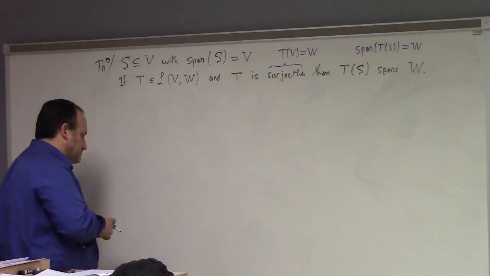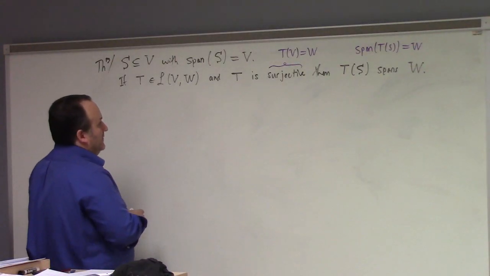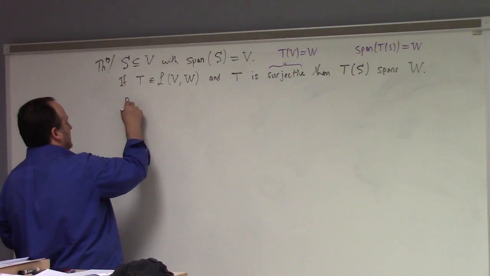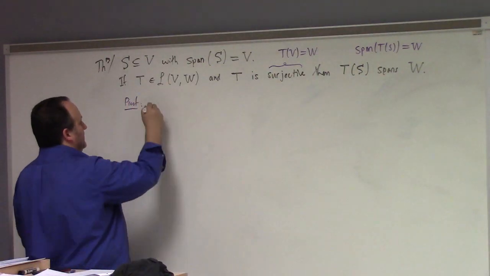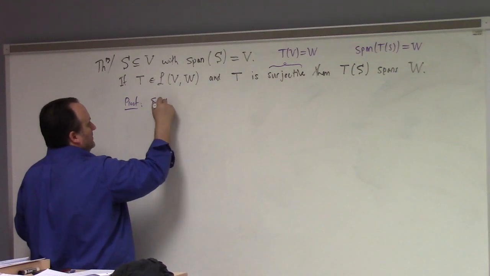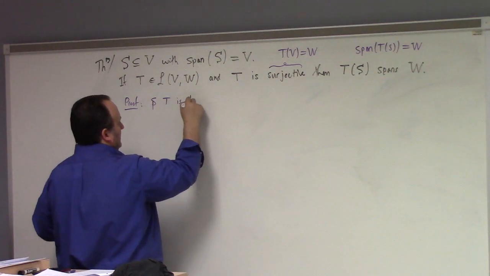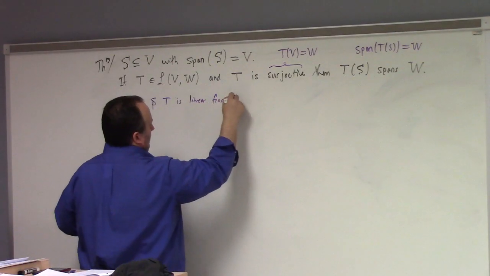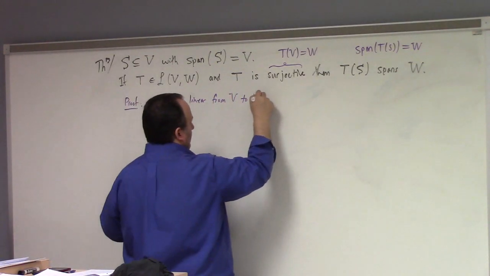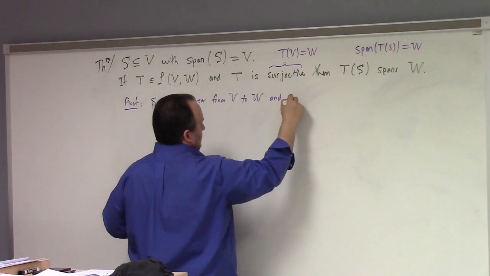All right. So proof, let's see if we can do it. Where should we start? We should suppose T is linear from V to W and onto.